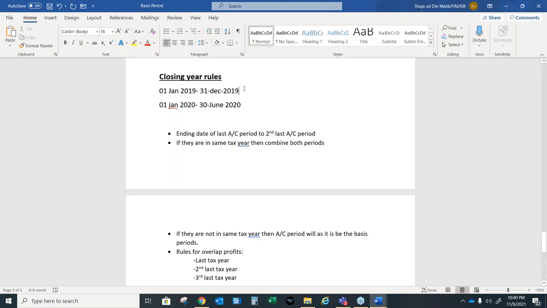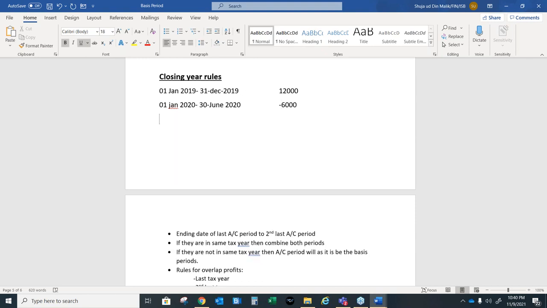For instance, say the profits in this case were 12,000 and the loss 6,000. Can anybody tell me whether the last and second last accounting dates fall within the same tax year or different tax years?